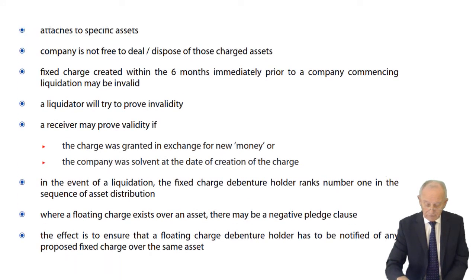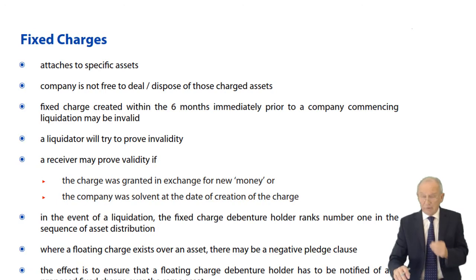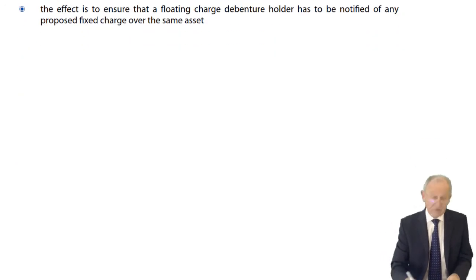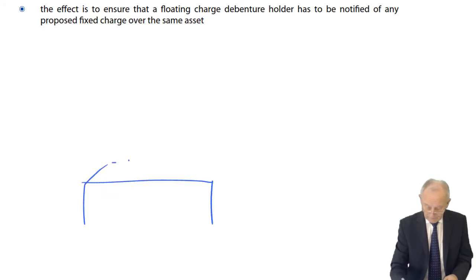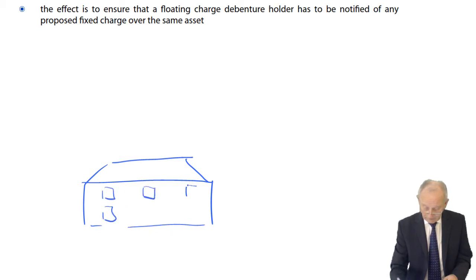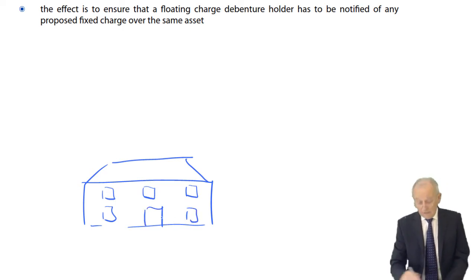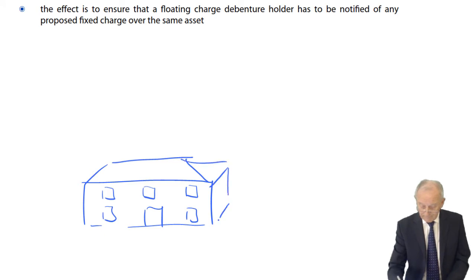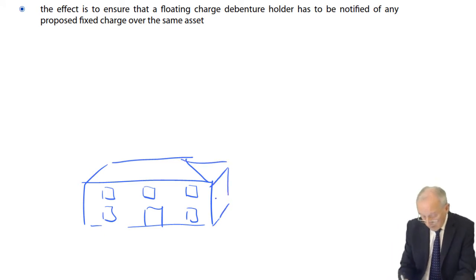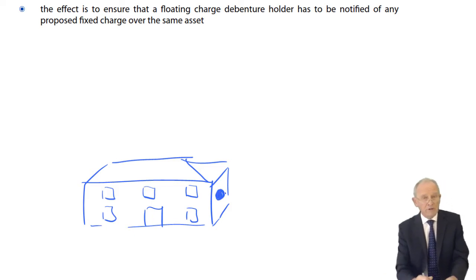I said I'd talk about the two different types of charge, the fixed charge and the floating charge. When I had a room full of students, I used to have this image of a building. And this building was the subject of the security. And if it's a fixed charge, it's as though a limpet mine has been stuck on the side of the building.